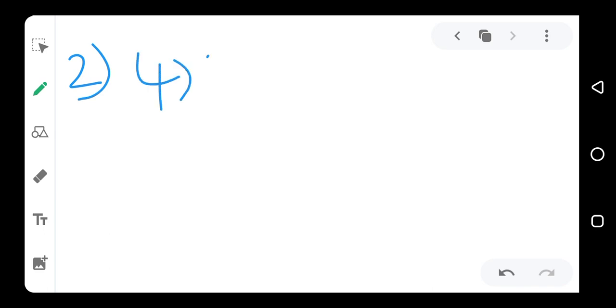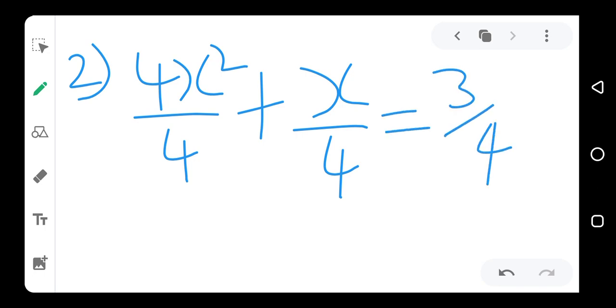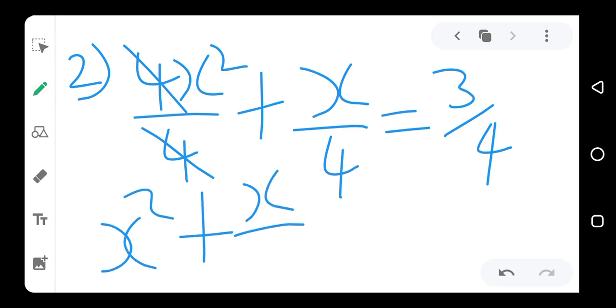So we have 4x squared over 4 plus x over 4 is equal to 3 over 4. Now if we divide this, we get x squared plus x over 4 is equal to 3 over 4.